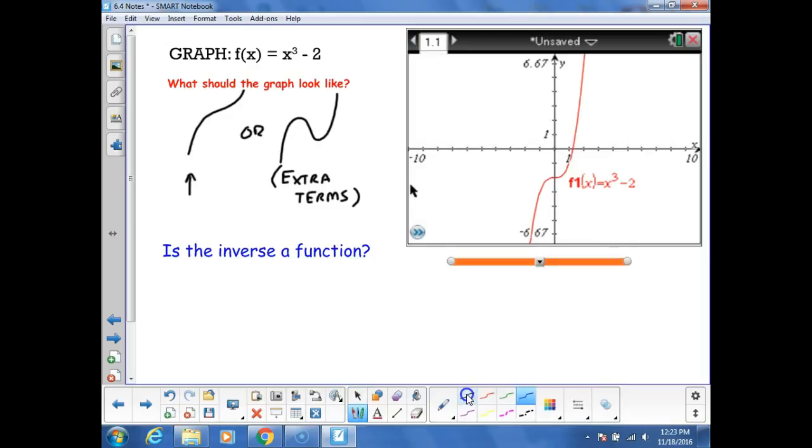So, is f of x a function? Yes. Is the inverse of f a function? Yes. So then, therefore, f of x is a 1-to-1 function.